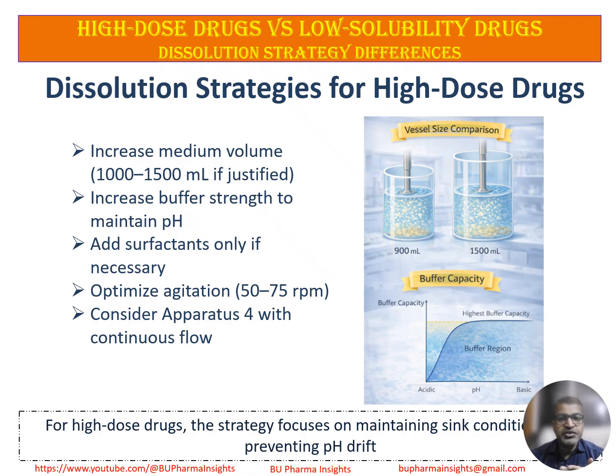Use 1000 to 1500 ml, strengthen the buffer to control pH drift, and use surfactants only if necessary. Optimize agitation, typically 50 to 75 rpm, and consider USP apparatus 4 when continuous flow provides near infinite sink condition. This ensures more reliable dissolution data.